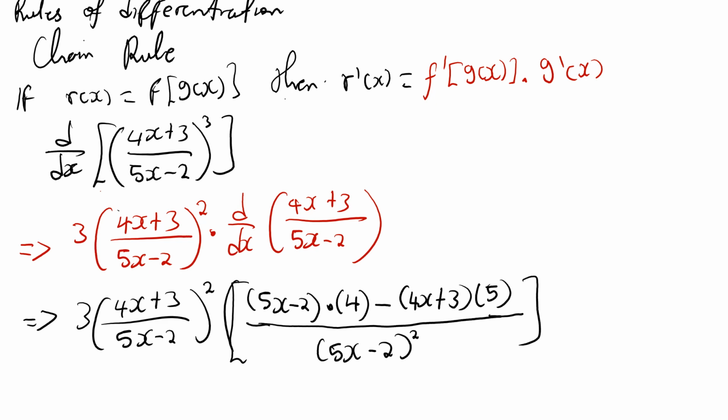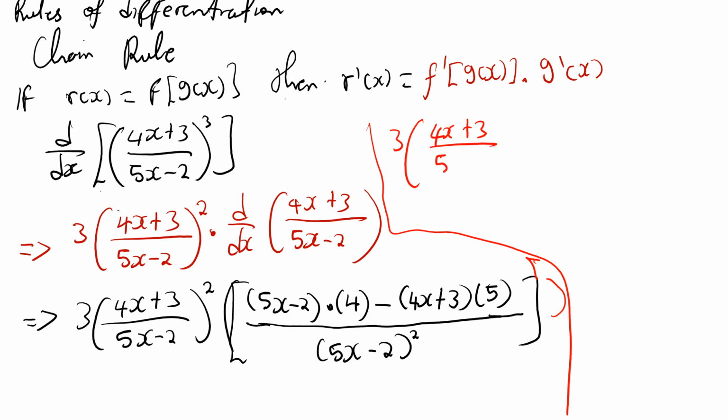So now what we need to do is just to simplify this whole thing, and then we'll find our final answer. That's all. So let me break it down for you. We'll be having a 3 into 4x plus 3 over 5x minus 2 squared.